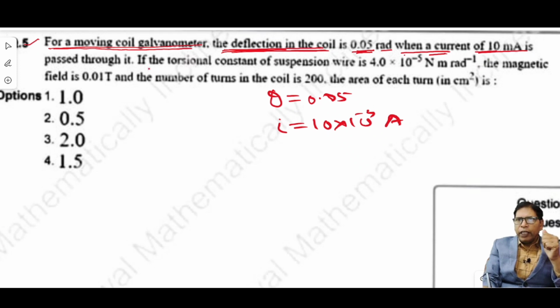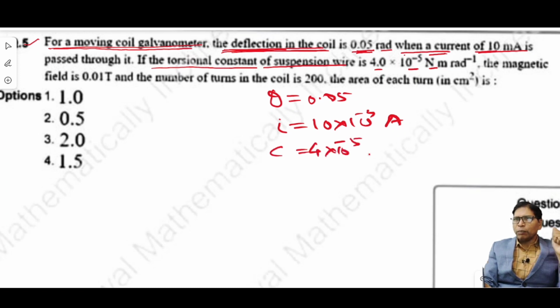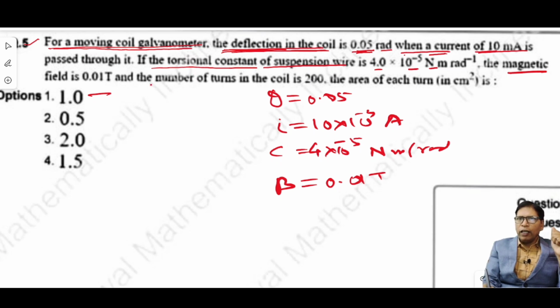If the torsional constant of the suspension wire is 4 into 10 to the power minus 5 newton, so C equals 4 into 10 to the power minus 5 newton meter per radian. The magnetic field B equals 0.01 tesla. The number of turns N equals 200.